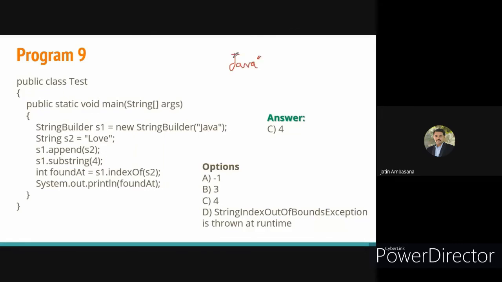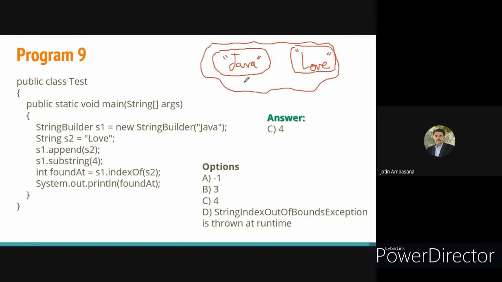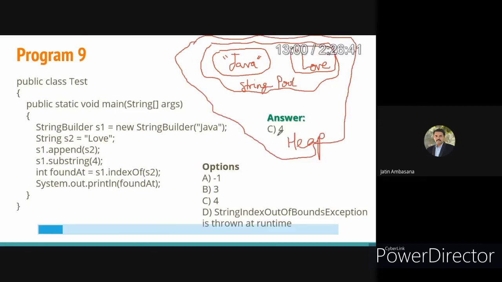See what happens? You create a string called Java, and that object gets created. And then the object called love is created, which is a string object. One is string builder, another string object. Now this is inside a string pool, and this string pool is inside the heap, which is nothing but the object heap.